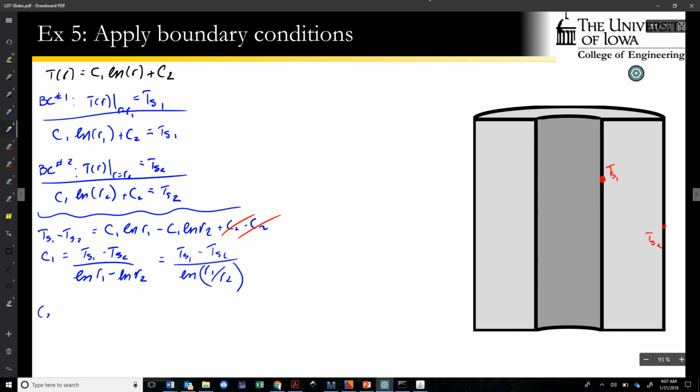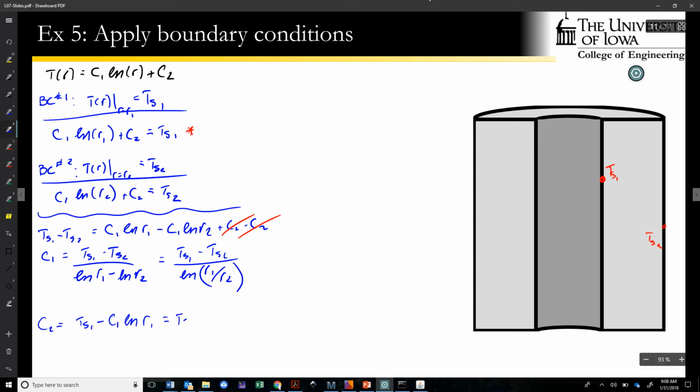So C2 in this case, if we solve for it using this equation right here, we end up with C2 is equal to TS1 minus C1 ln of R1.